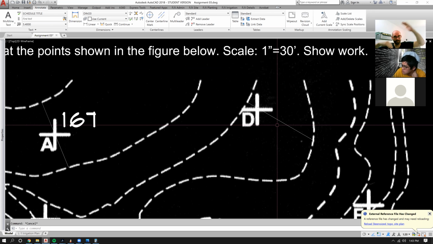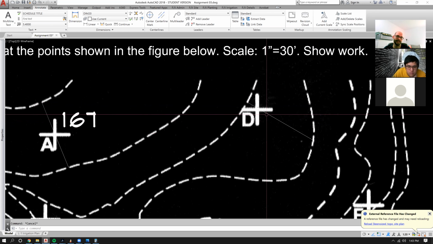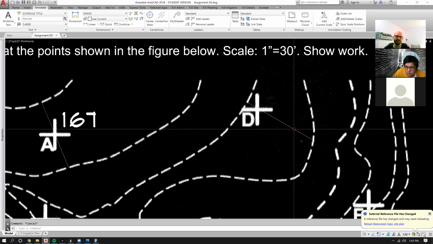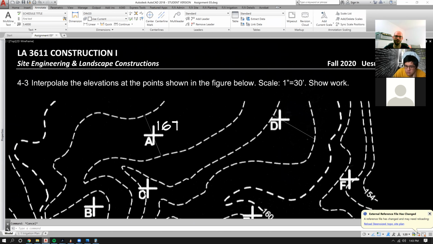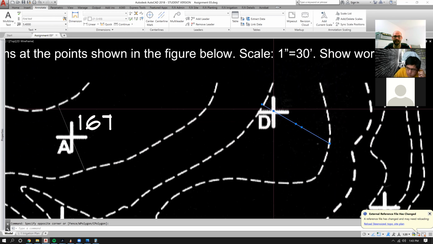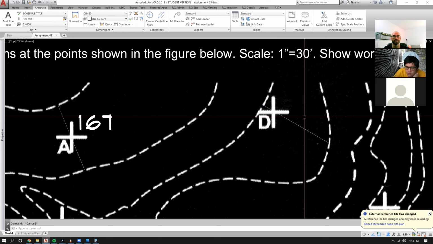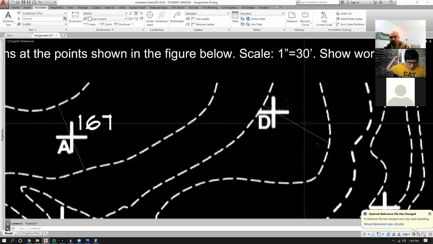So them being 2 feet apart, we just have to double that number that we come up with. If the contours were 1 foot apart, then you would just have to divide these two numbers and add it to the lower elevation, and you would have your elevation for that point. But since the contours are 2 feet apart, you have to double the number that you get.